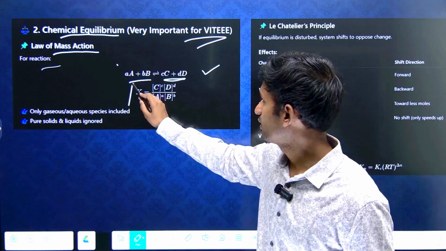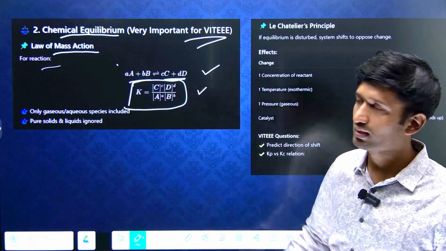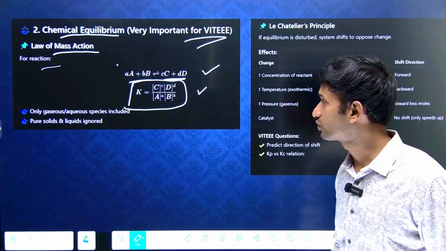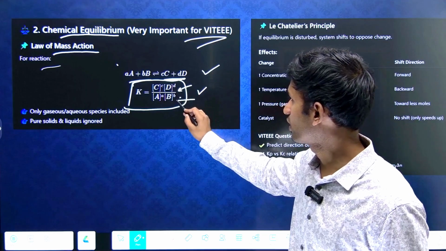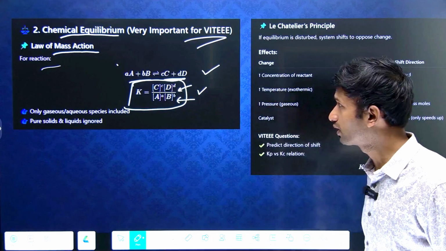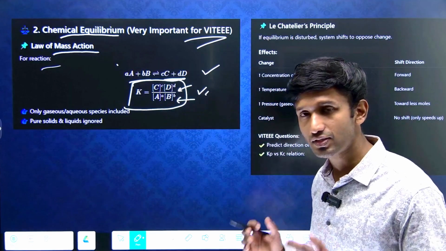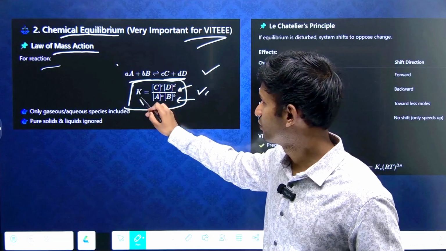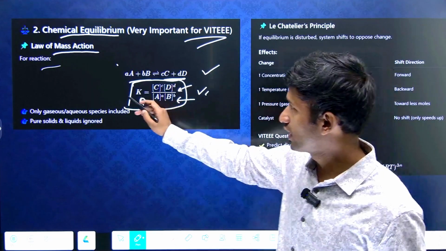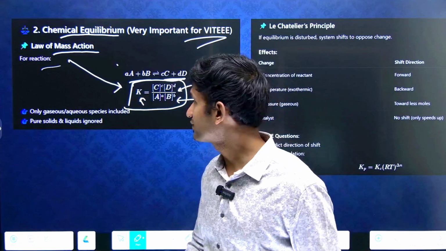This reaction can be represented using K equals to, and here in the numerator the products are given, and in the denominator the reactants, and this is how this fraction looks like. This is the fraction of two products, right? And it is represented using the K term. So it is very important. This equation is important from the law of mass action perspective.